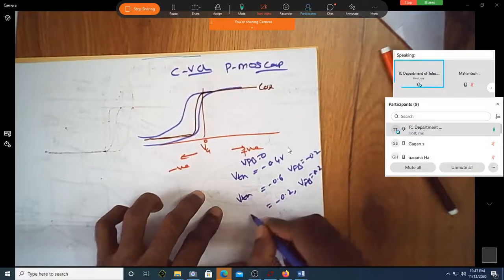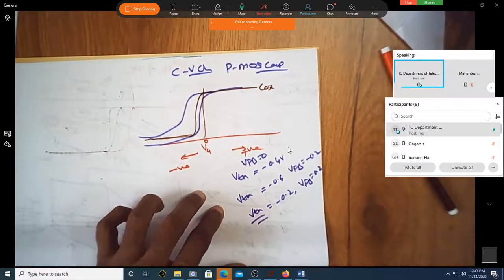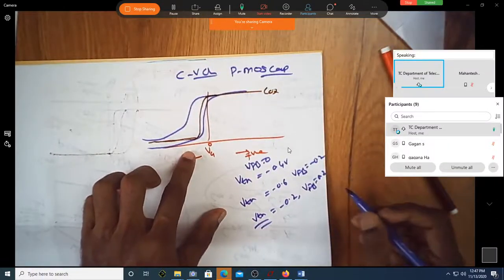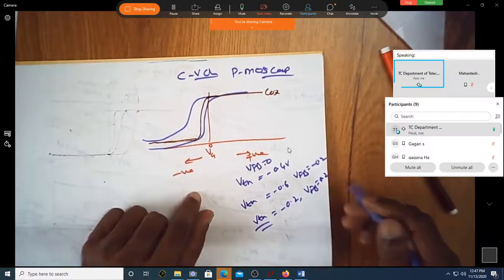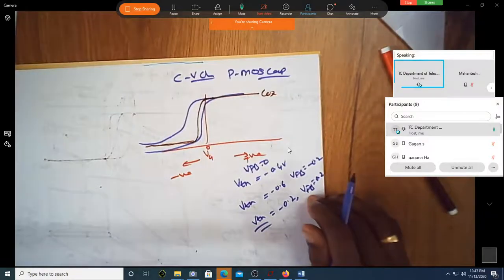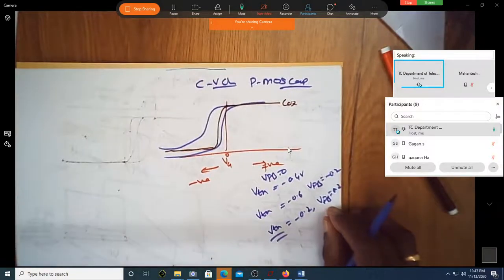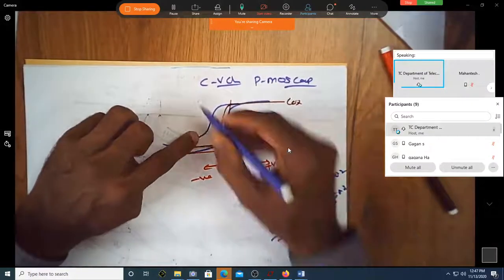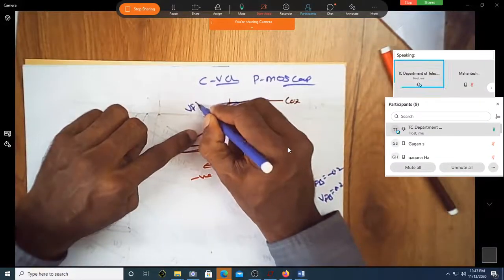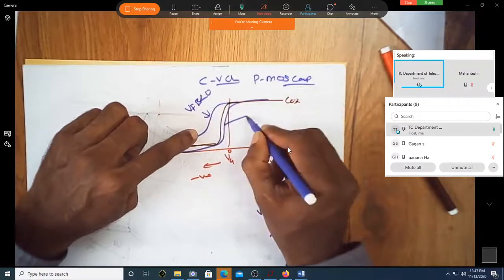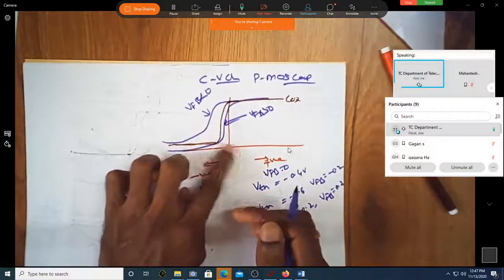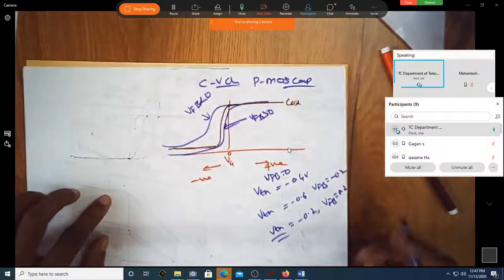Done? Because VTH is negative for a PMOS capacitor. Will it make sense? Yes, sir. This is for VFB less than 0. This is for VFB greater than 0. Your threshold voltage reduces here, and here the threshold voltage increases.